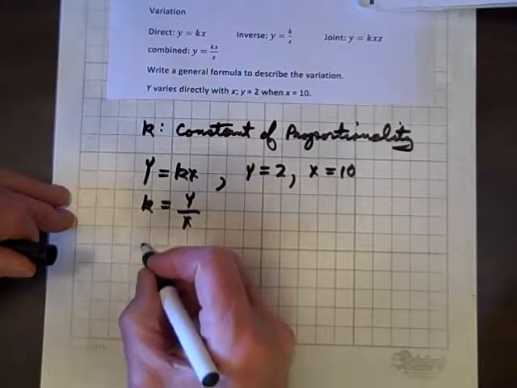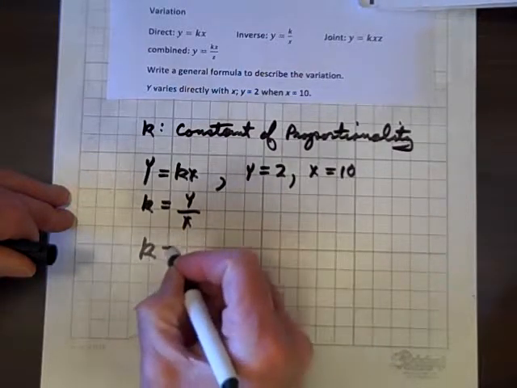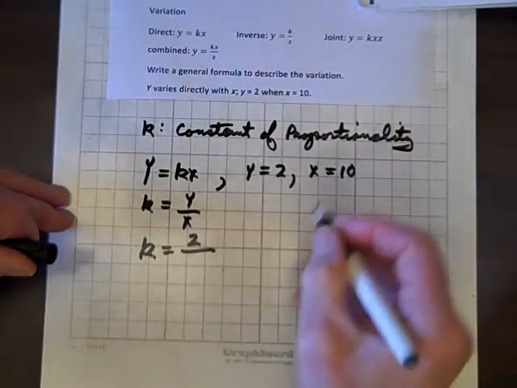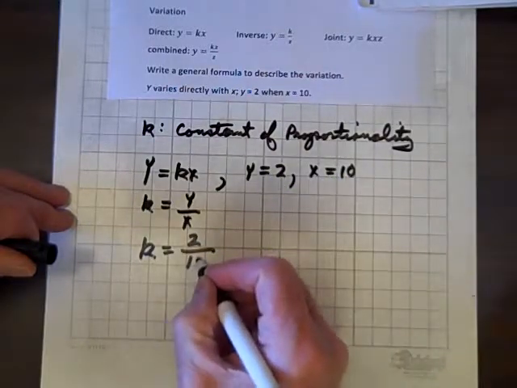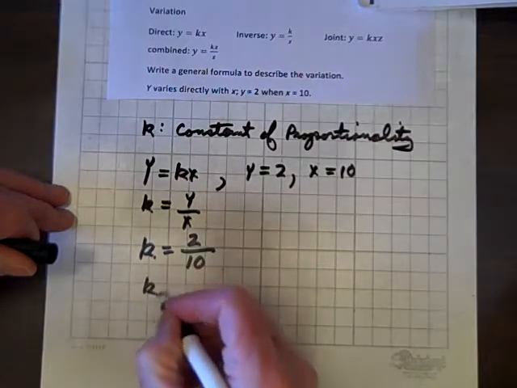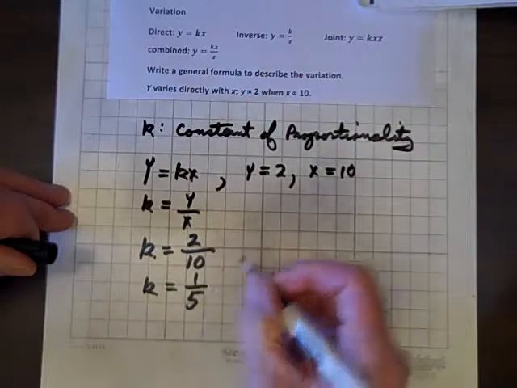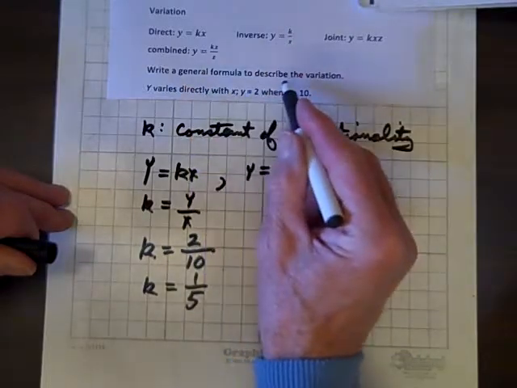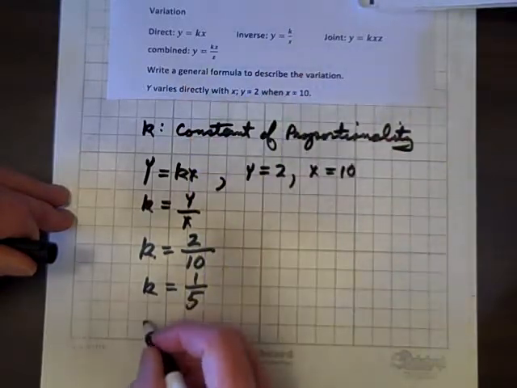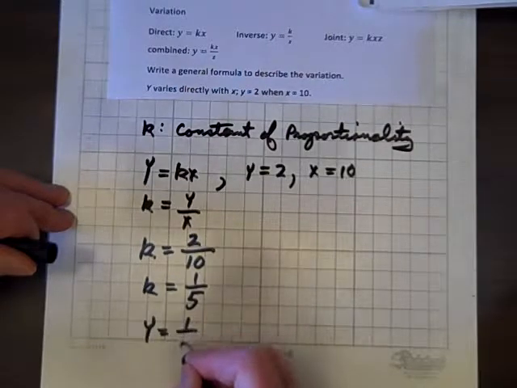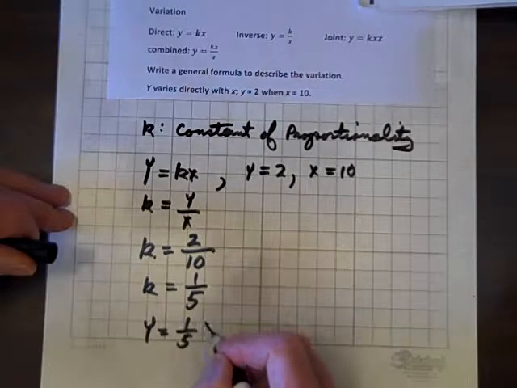And so k equals, substituting 2 for y and 10 for x, and that reduces to 1/5. Now we can write the general form to describe the variation, and that's y equals 1/5 x, and we're done.